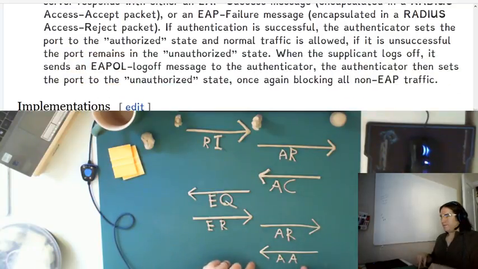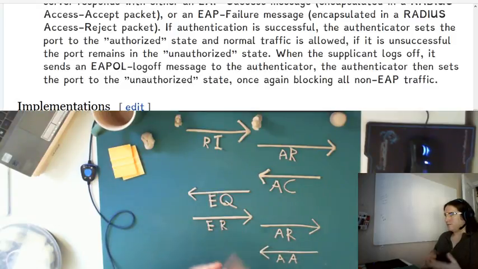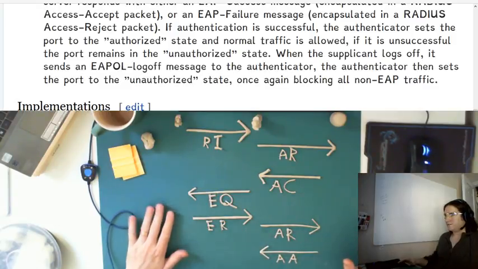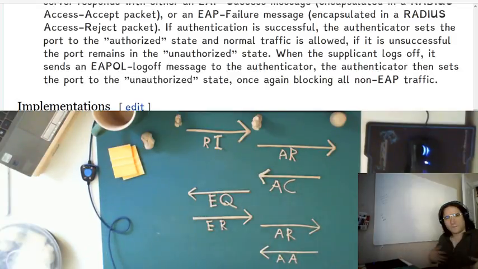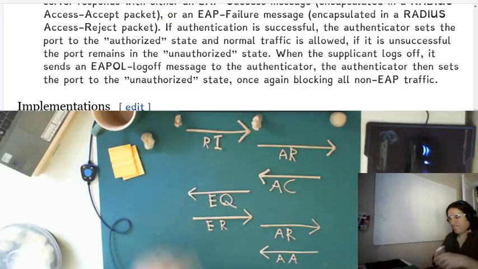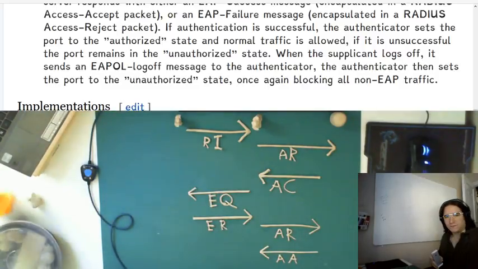If authentication is successful, set the port to authorized state, normal traffic allowed. If unsuccessful, it remains unauthorized. This is kind of cool.